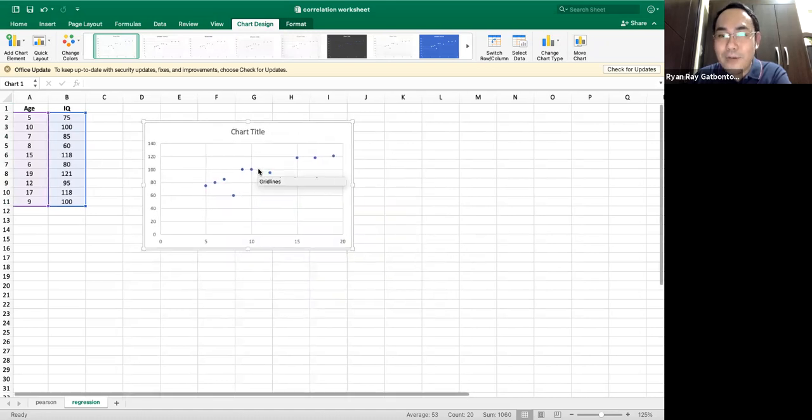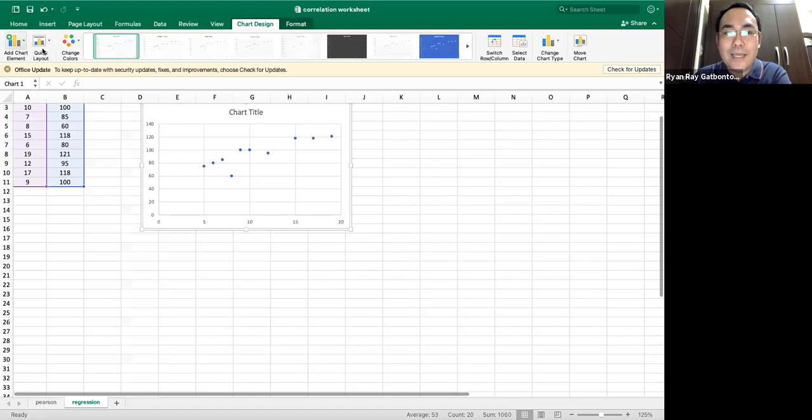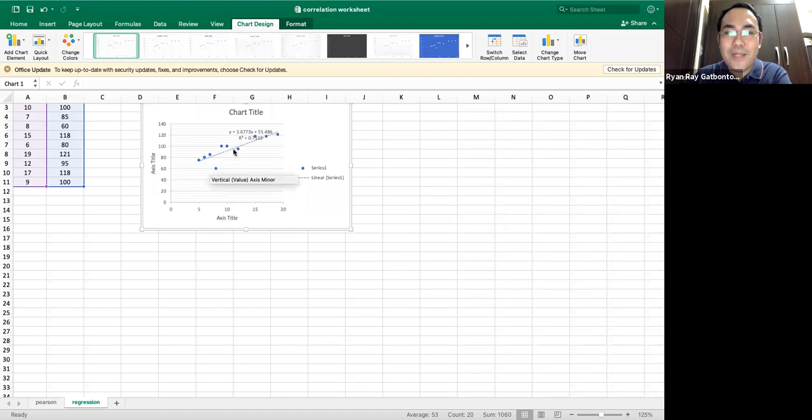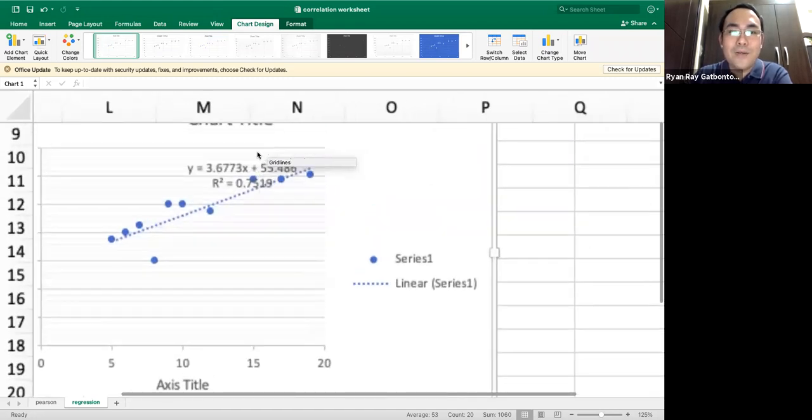To get the least squares line automatically, click the quick layout and choose this layout. You can notice that it has a symbol of f of x, which tells you that it will give you a formula. When you click this, it gives you this value. I'll zoom in.